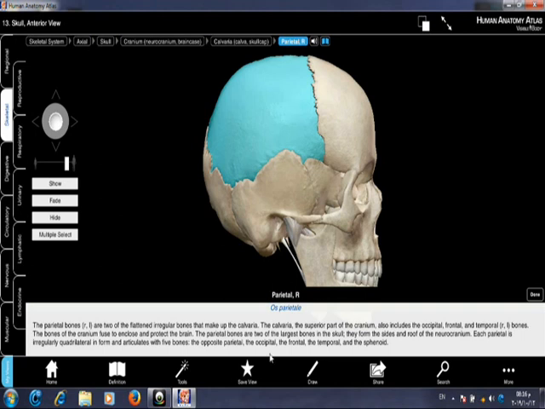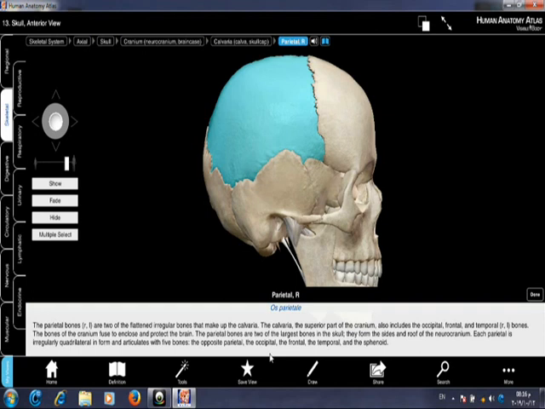So if you have an exam and you find a question that says, what are the largest bones in the skull? The best answer is the parietal, because the parietal bones are two of the largest bones in the skull. They form the sides and roof of the neurocranium.